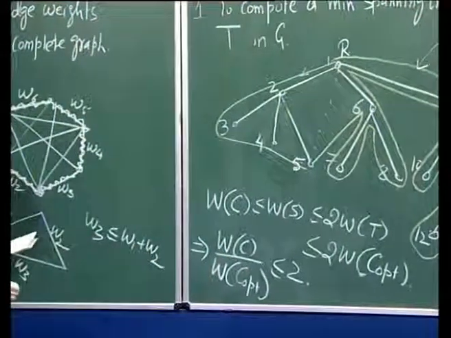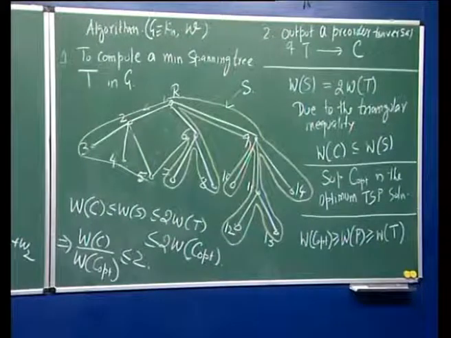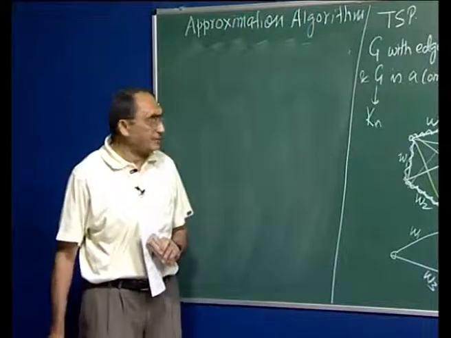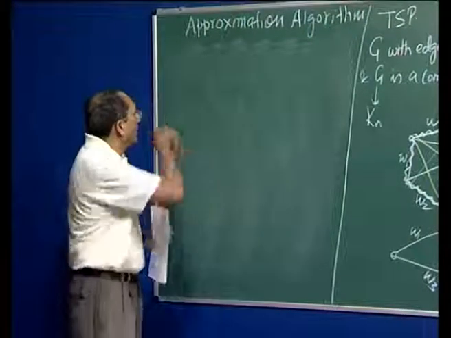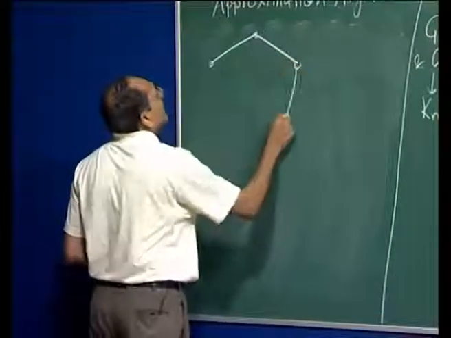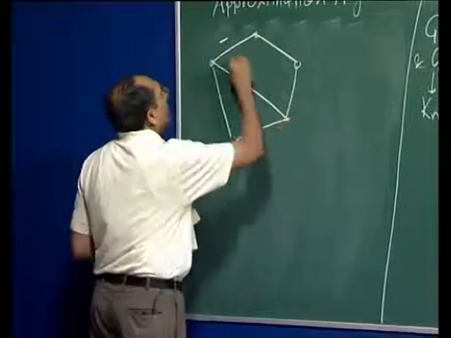Now, to wrap this finally up, one more question I have to solve. What happens when there are negative weights? Some edges have negative weights. Well, so suppose I have my graph. Let us say the weight is okay.